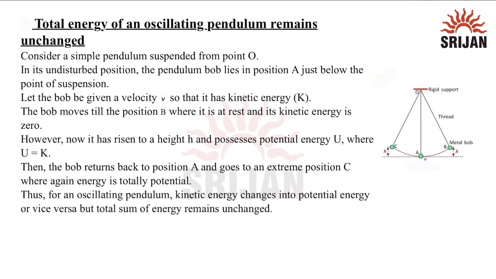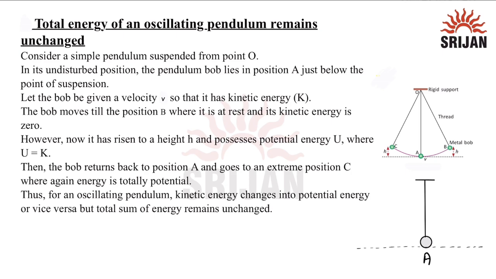We will try to learn about three particular positions. The first is position A. Position A states that the bob is at rest and touching the ground. This is at the ground level. Now we will have two more conditions.